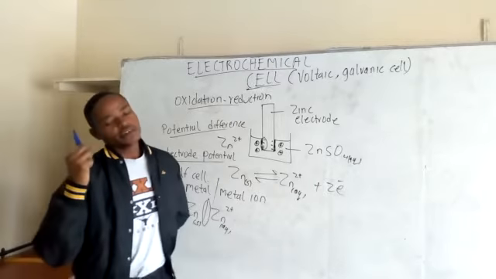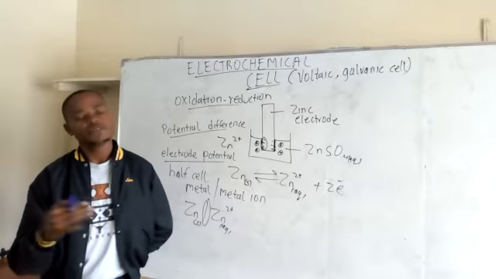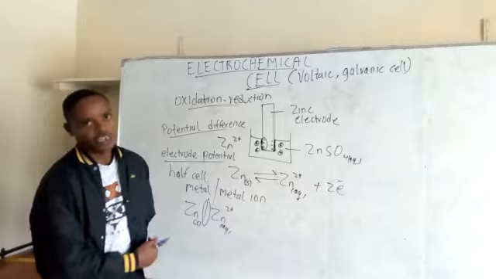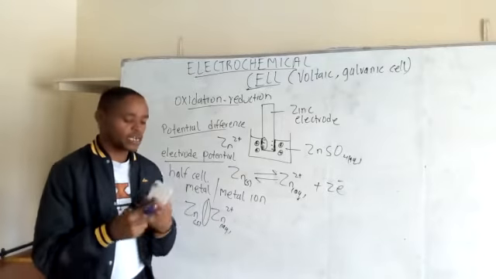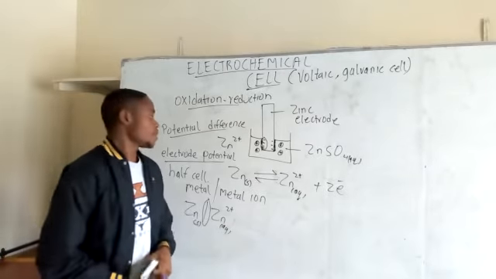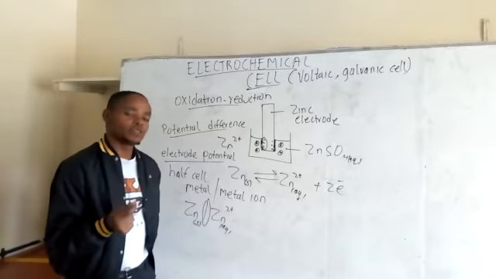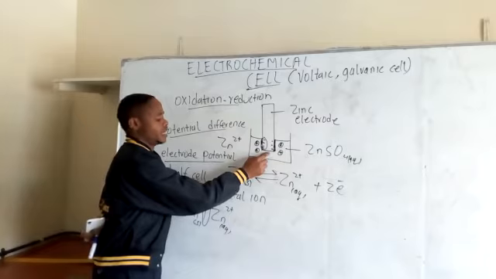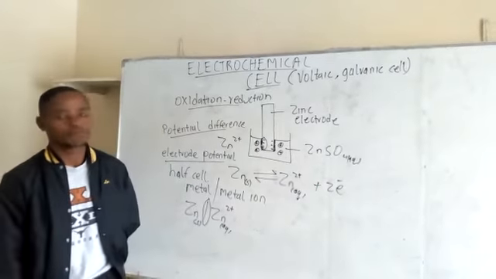Different metals have different ability to form ions, to ionize. There are some metals that will ionize very fast, while others will not ionize as fast. So that makes it impossible for us to measure the electrode potential of one half cell.